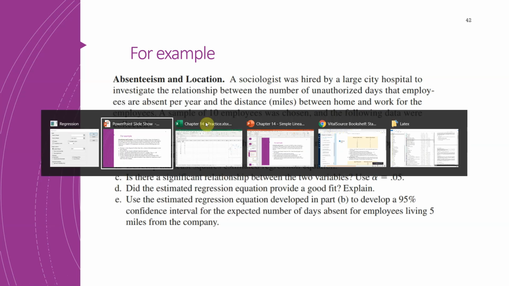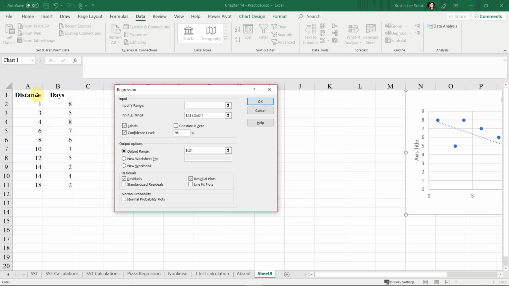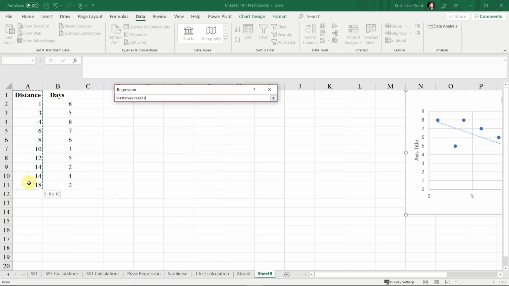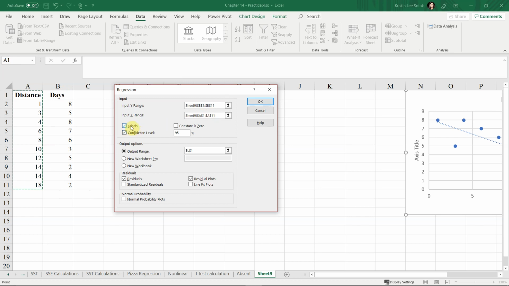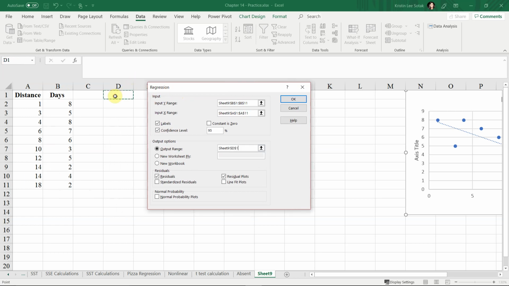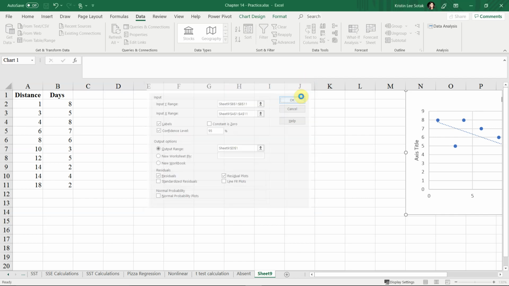I'm assuming that the distance is going to be our x variable. So the farther away you are is going to predict how many days you are absent. So our y is going to be days, and then our x is going to be distance. I have labels and confidence intervals. Output range, where do you want to put that? I'm going to put that right here in D1. And then I'm going to plot our residuals. So let's hit OK.